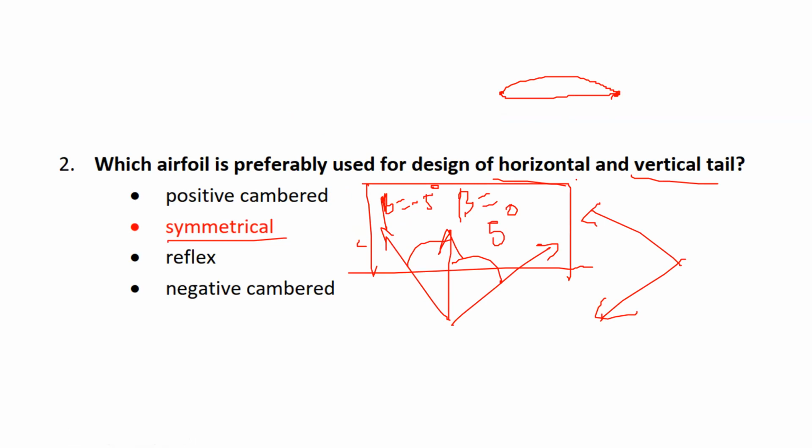But why should it not be positive cambered? The question itself says preferably. It does not say exactly. So you will find on most aircraft it's symmetrical. It's easier to balance with a symmetrical airfoil.